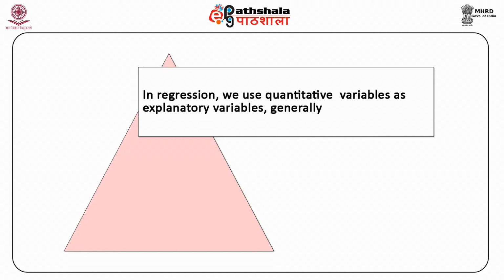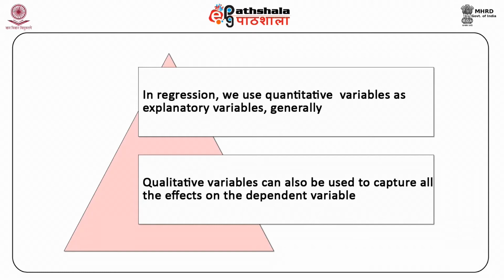In such cases, qualitative variables can also be used to capture all the effects on the dependent variable, for example, as explanatory or independent variables. For instance, net profits may be influenced by good management, coordination between departments, etc.